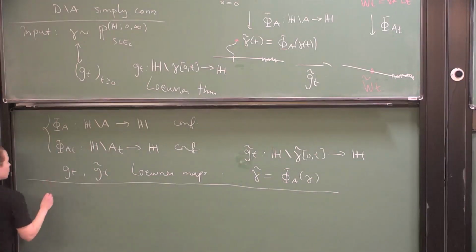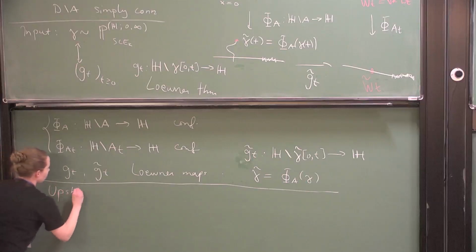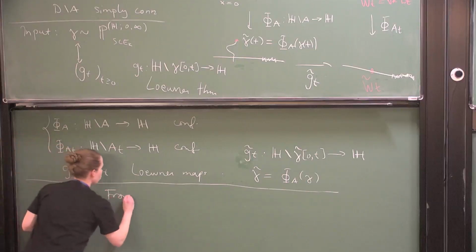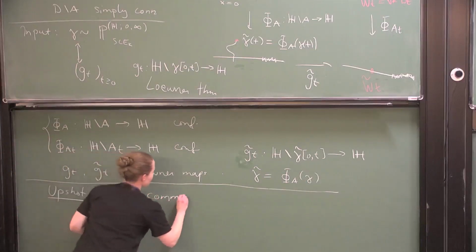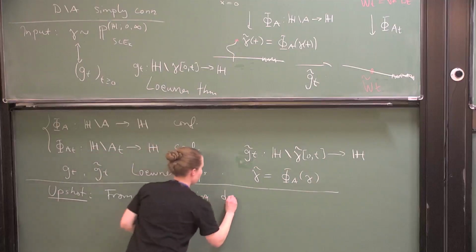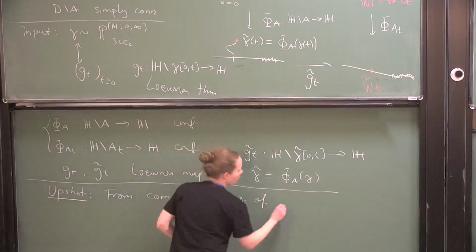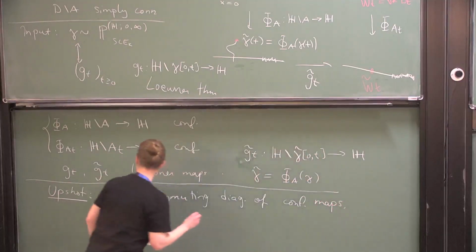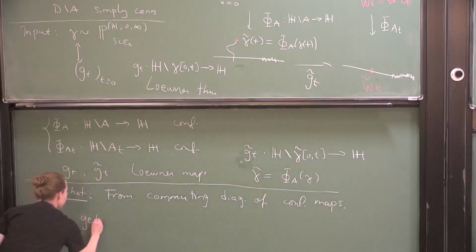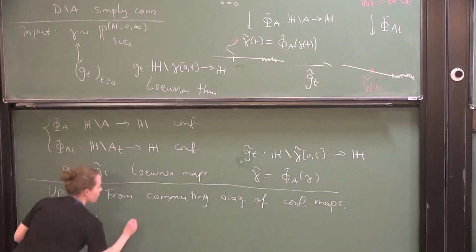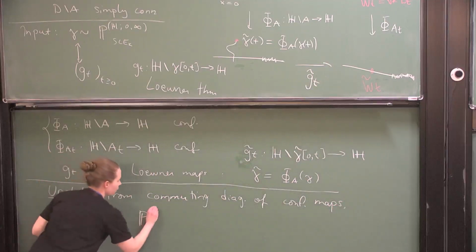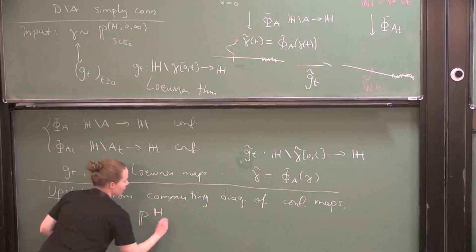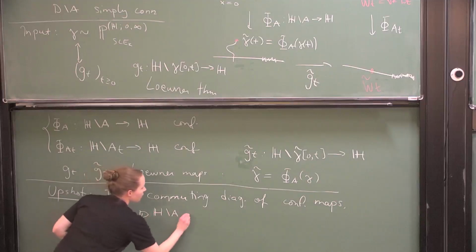But what you get from the commuting diagram of maps, let's say, or conformal maps, is a comparison of the probability measure in, let me write half plane maybe, minus A, from 0 to infinity.